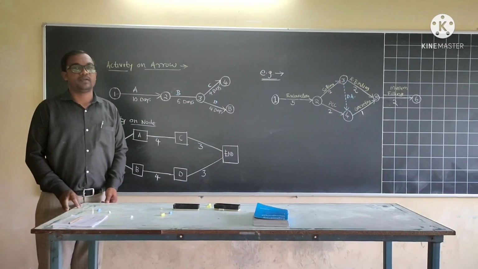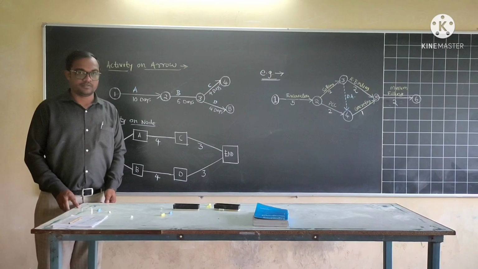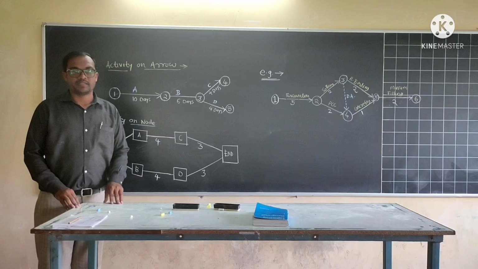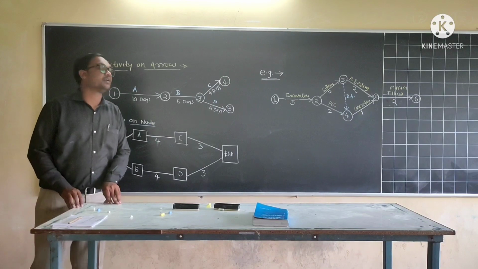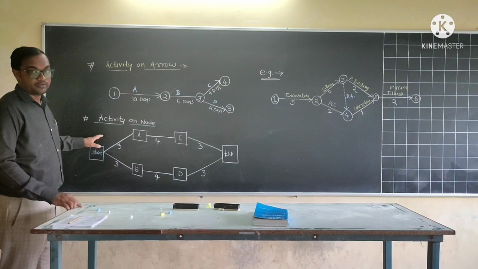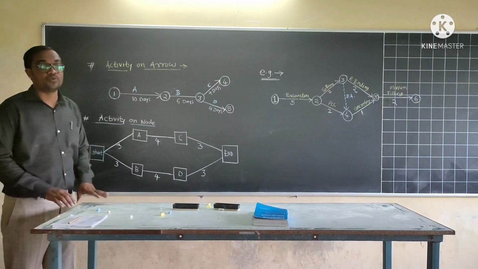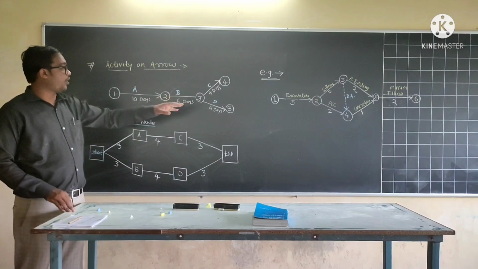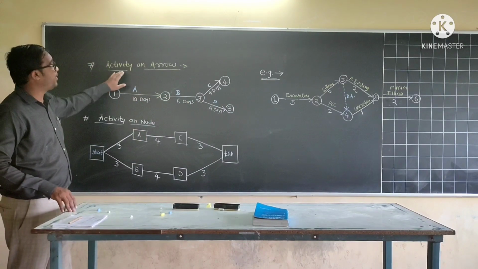Next concept in network analysis is activity on arrow and activity on node. There are two different types to draw a network diagram. First of all, we have already worked on the first type, activity on arrow.